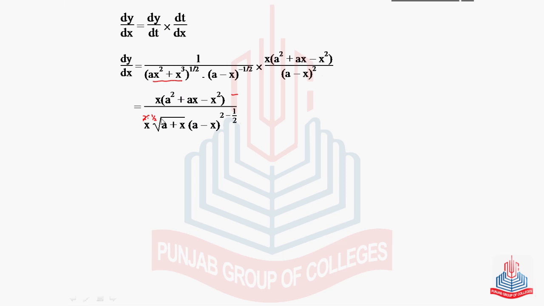This 2 will be cancelled out, so we have only this x, and which is cancel out to this x. So the numerator will be as it is, a square plus ax minus x square, and in denominator that will be a plus x square root into a minus x. 2 minus 1 by 2 will become 3 by 2. So this is actually our final result, dy by dx.